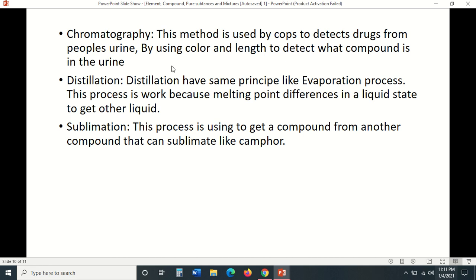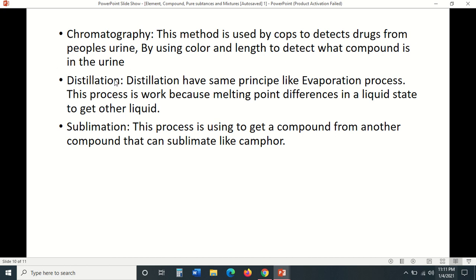There is a special paper that we can use as an indicator. A different compound from a mixture will make a different color, and show how fast it travels in that paper.